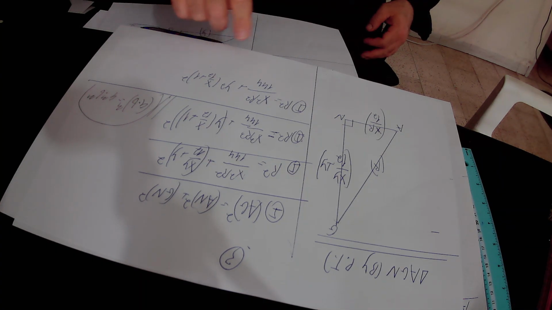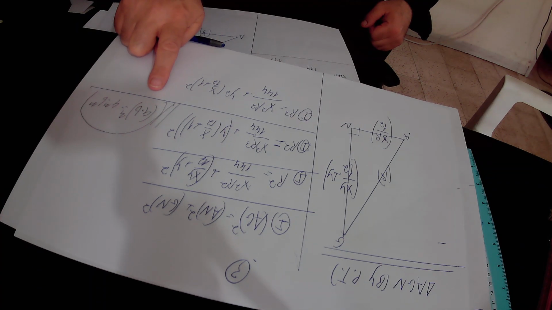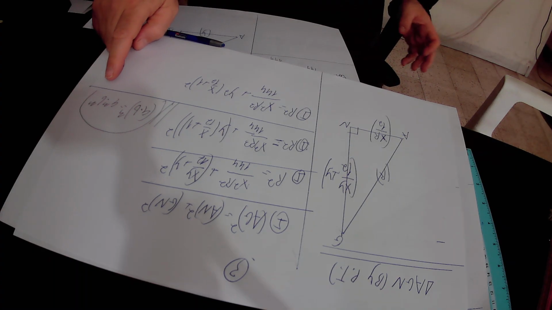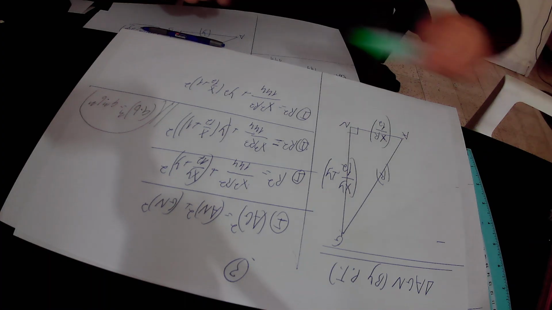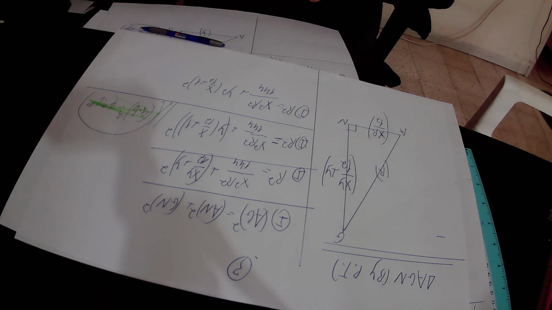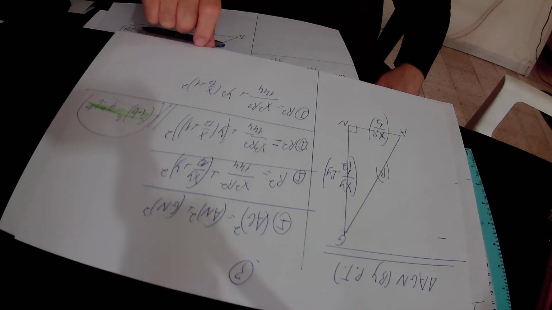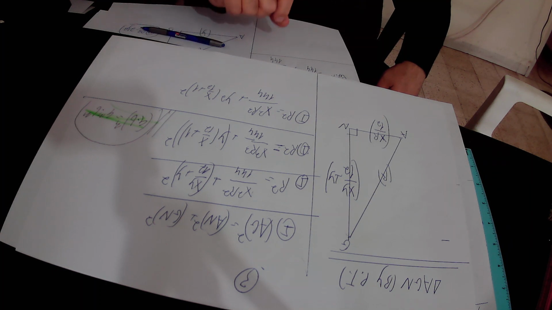Here we have the algebraic identity that (a times b) to the power of m equals a to the power of m times b to the power of m. According to this algebraic identity, we get that y times (x over 12 plus 1) squared will be equal to y squared times (x over 12 plus 1) squared.